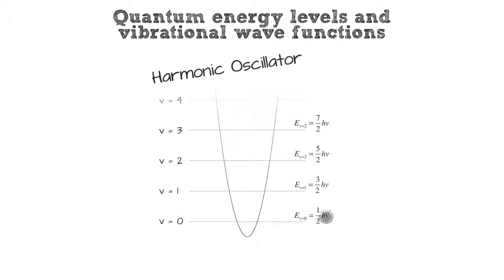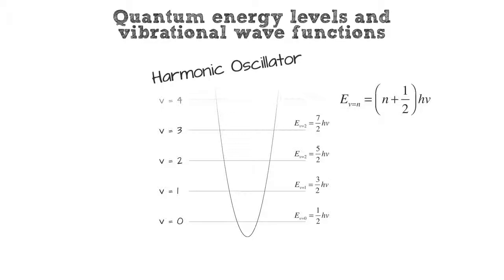So 1/2 times Planck's constant times the frequency of the vibration that's observed gives us the energy of this level. And then we go up a whole unit here. Notice the difference between 1/2 and 3/2 is a whole unit. So we're going up by an hν unit every single time, Planck's constant times frequency, every single time. I guess it's not v, it's actually nu, but I don't know my Greek very well. So there's the energy levels.